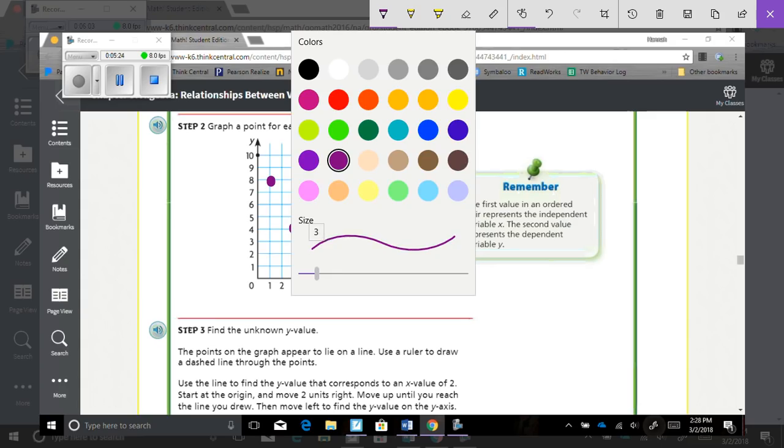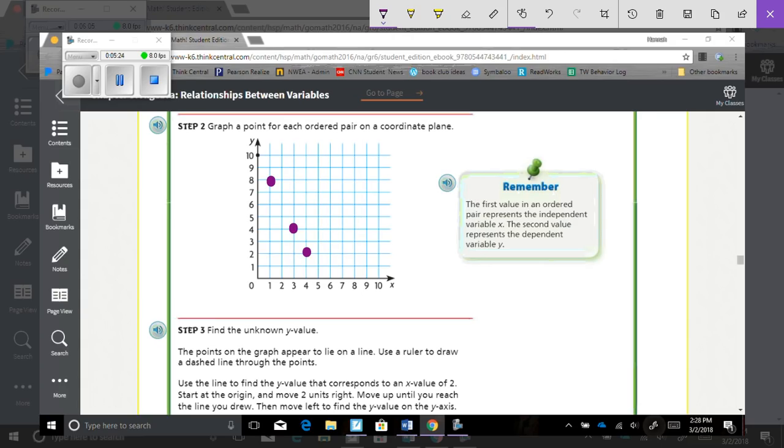Knowing what we know about those ordered pairs, we're going to move to step 3 to find the unknown y value. The points on the graph appear on the line, so use a ruler to draw a dashed line through the points. I don't have a ruler that I can set on the screen, so bear with me on my line. Oops, I already messed up.